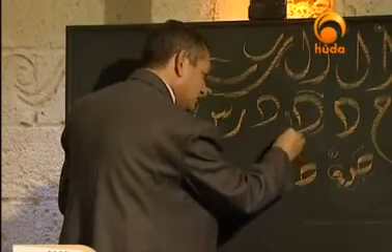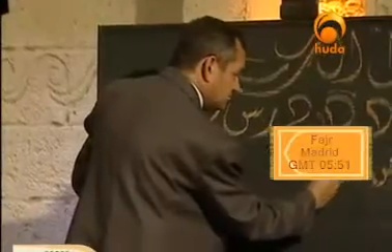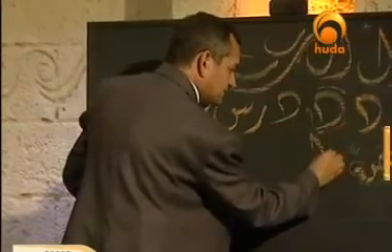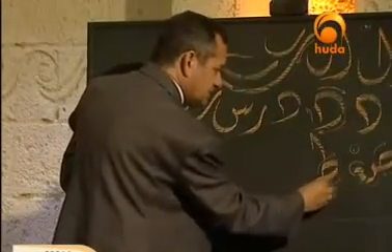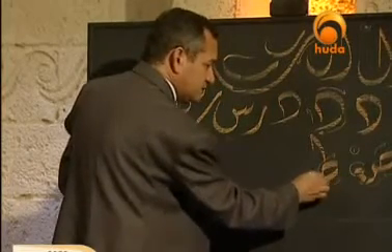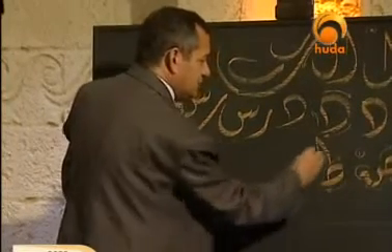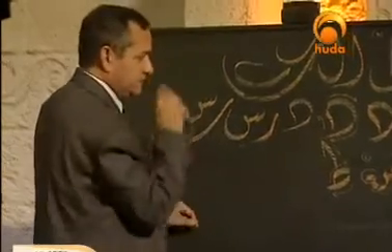I'll put here alif small, short one. So this is ta. So it means 3 steps also for the ta letter, 1 step left to right, and 2nd step right to left with thick pen, and then the alif letter up to down. So this is ta.